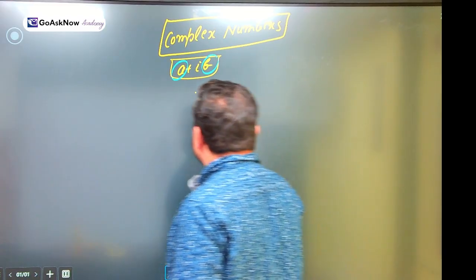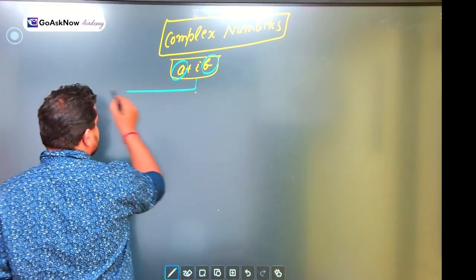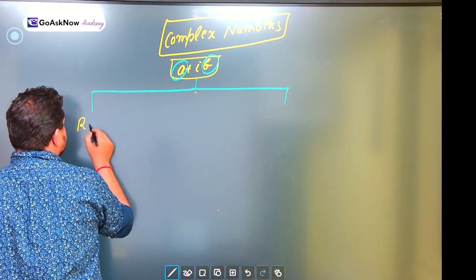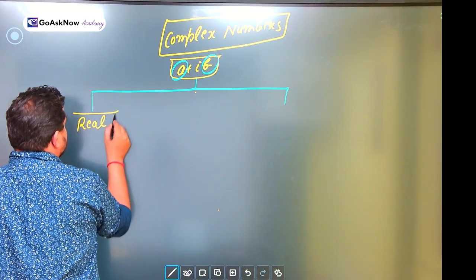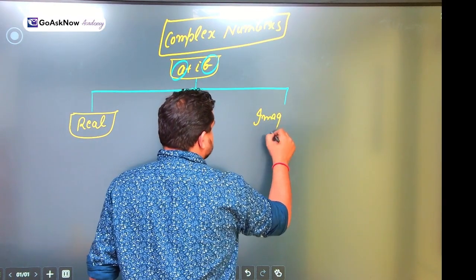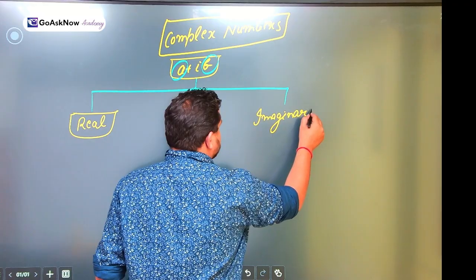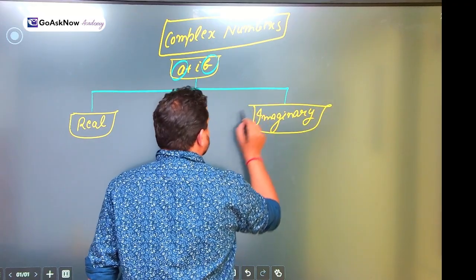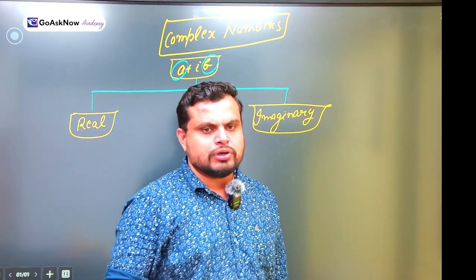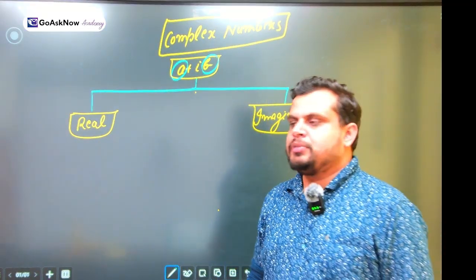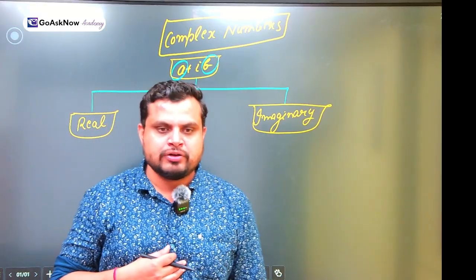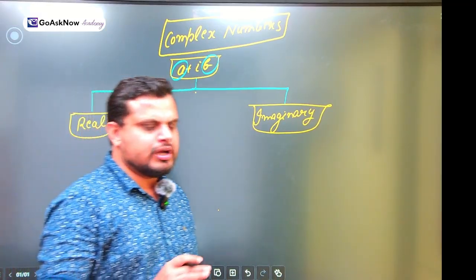Now, complex numbers get divided into two parts, that is real numbers and imaginary numbers. In your syllabus you have to study real numbers. Real numbers are the numbers which you can see or observe in your life every day.